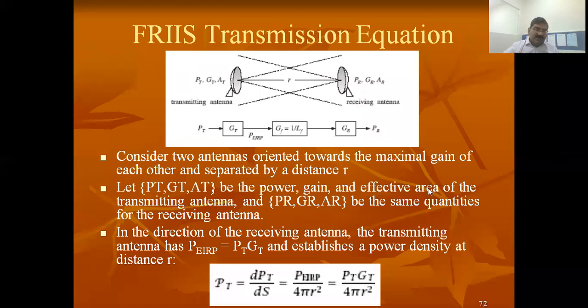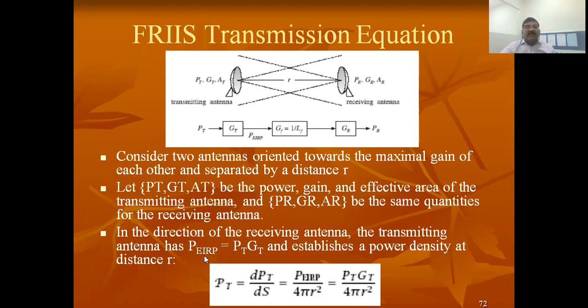Just now we have considered what is effective area. Effective area of the transmitting antenna, and the same parameters for the receiving antenna: PR is the power received, GR is the gain of the receiving antenna, AR is the effective area of the receiving antenna.